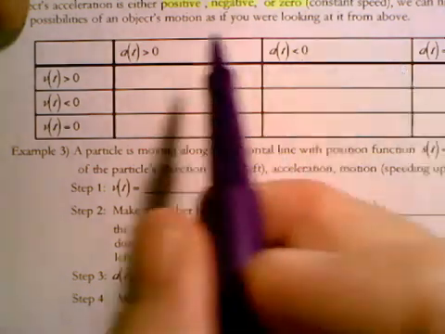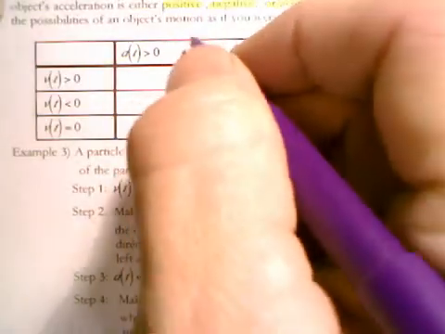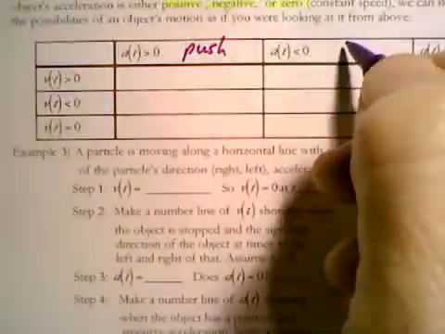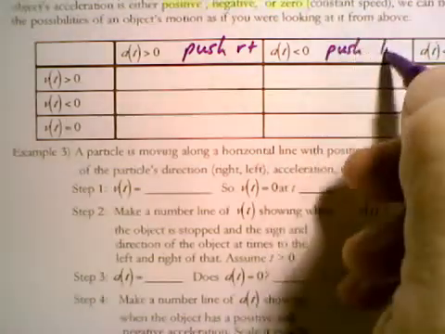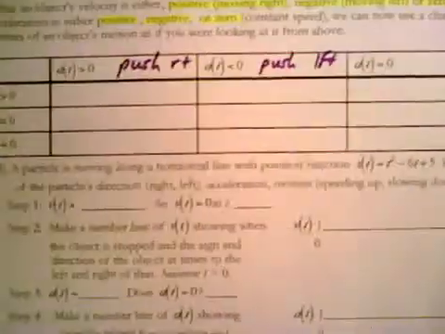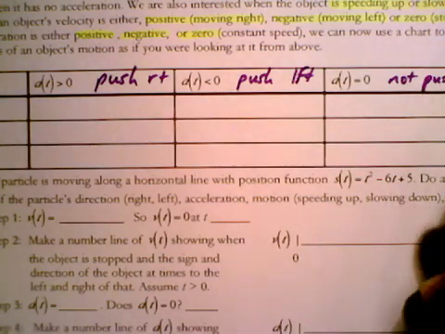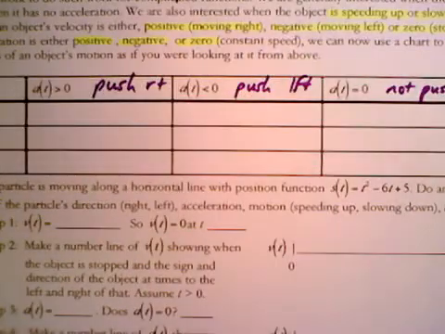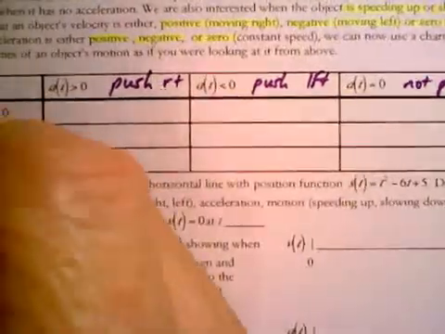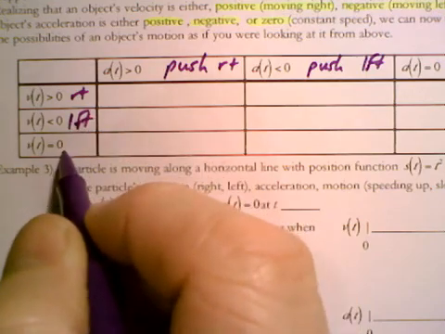If the acceleration is positive, and like I said, acceleration is how you push, we're pushing to the right, pushing left, and not pushing at all. It doesn't show us an acceleration of 0 in the other example. Moving right, moving left, and stopped.